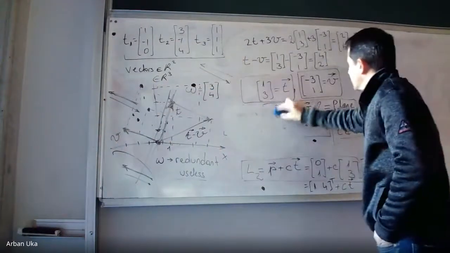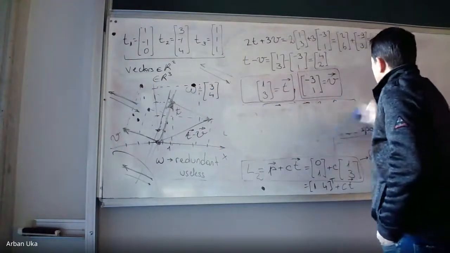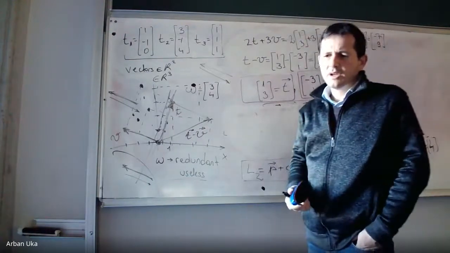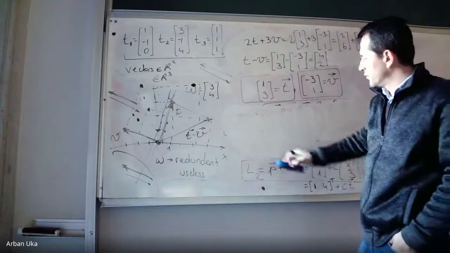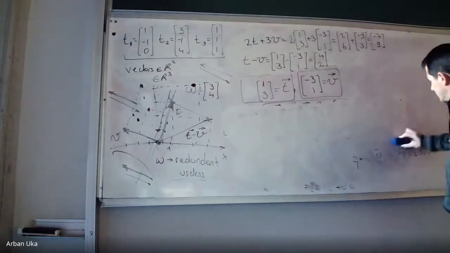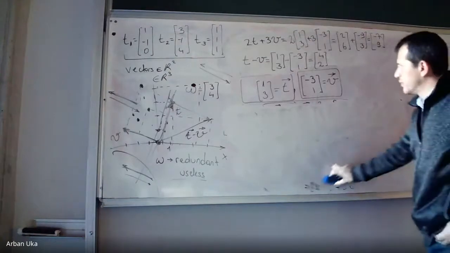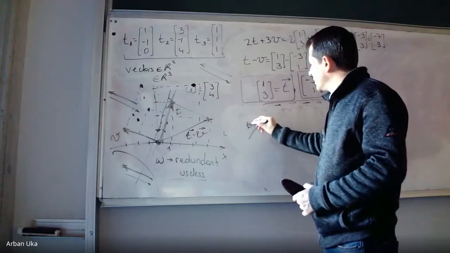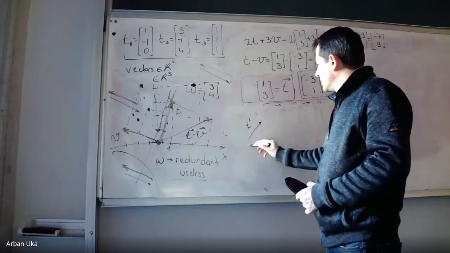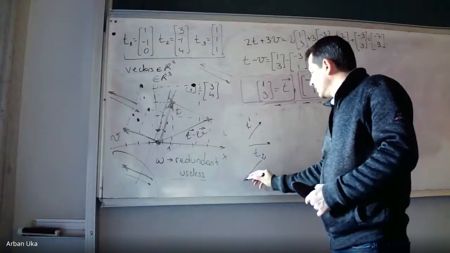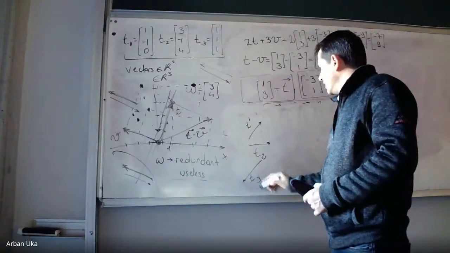Now, similarly, we can also define the geometric representation of the addition of a few vectors. Imagine that we have a vector t1, then we have a vector t2, and a vector here t3.